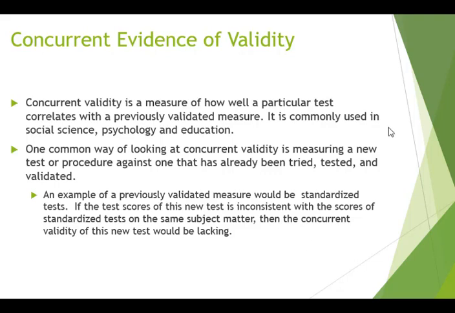Concurrent evidence of validity is how well a particular test correlates with previous measures that themselves have been validated. If New York State gives a Regents exam every year for the last 30 years in geometry, and the results have been a certain point, the students have averaged 78, and the median has been an 81, and 82% of people have passed it, whatever their results have been based on a particular scenario, and assuming things haven't changed very much from year to year.